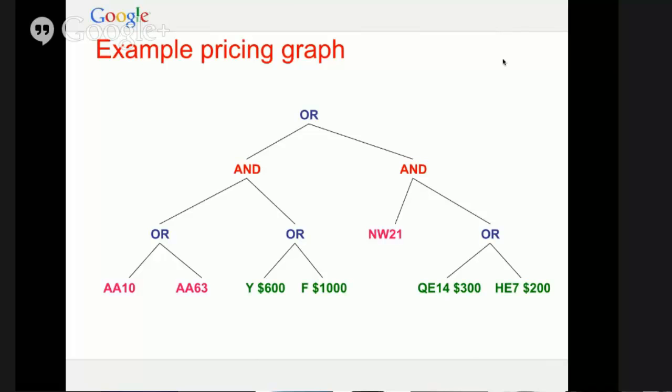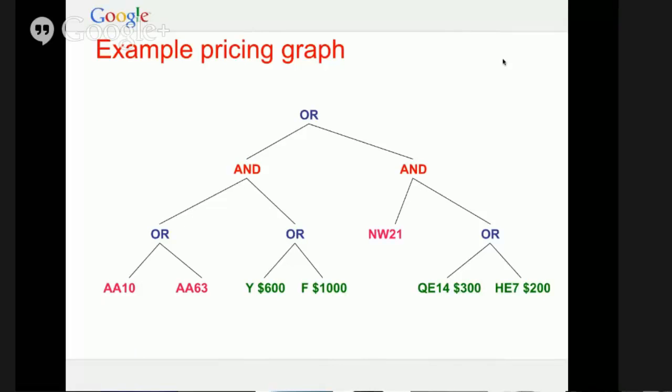The right AND clause pretty much says you can take the flight NW21 and one of the two fares, the QE14 fare for 300 or the HE7 fare for 200. Or, going back, the other choice, which is the other AND, is you can take either AA10 or AA63 for a Y fare of 600 or an F fare of 1,000.